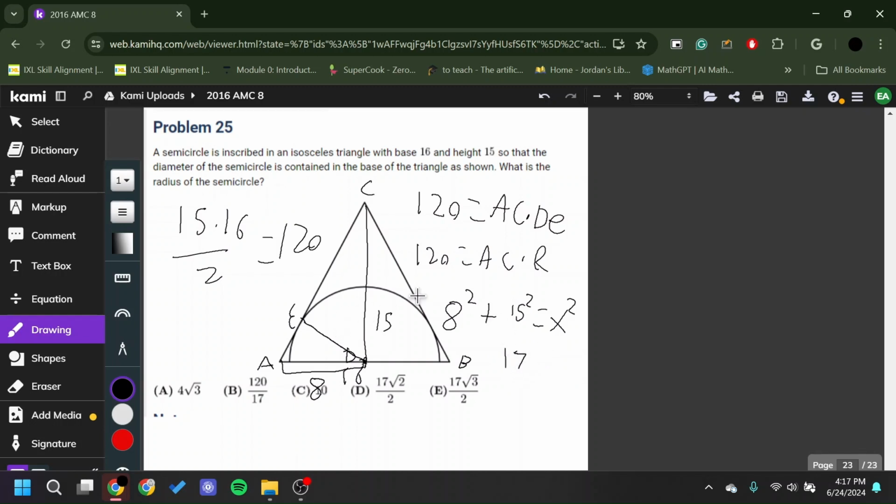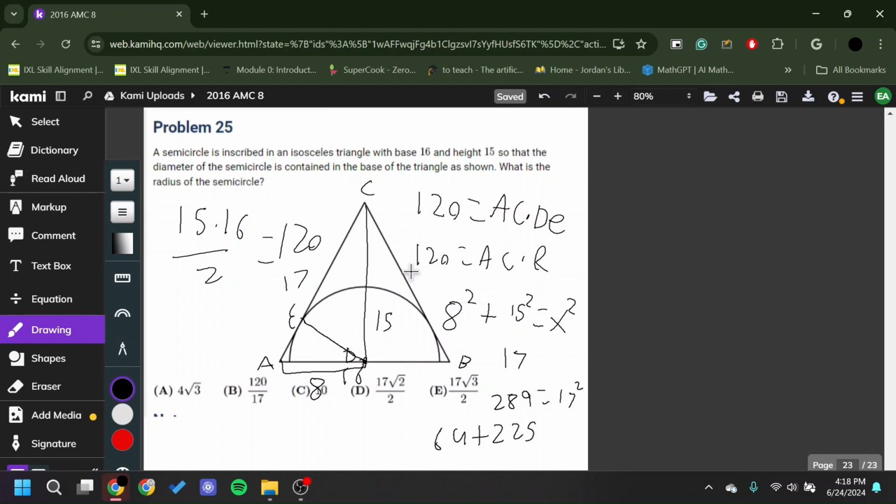Because it's 64 plus 15 squared, which is 225. And when you add that to 64, you get 289, which is equal to 17 squared. So AC is equal to 17.